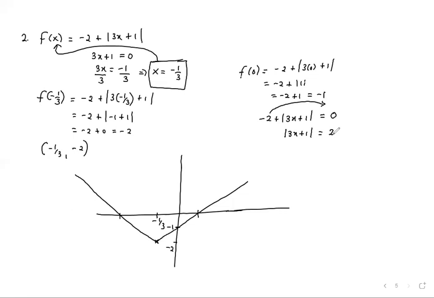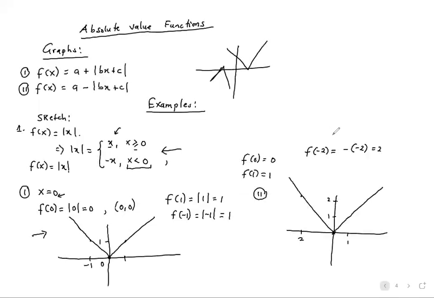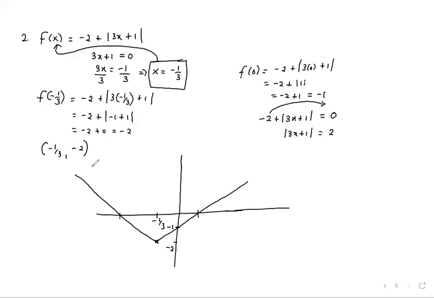Then how do we define this guy? We've said it's defined in two pieces. So use those pieces. So 3x plus 1 is equal to 2, or negative 3x plus 1 is equal to 2.